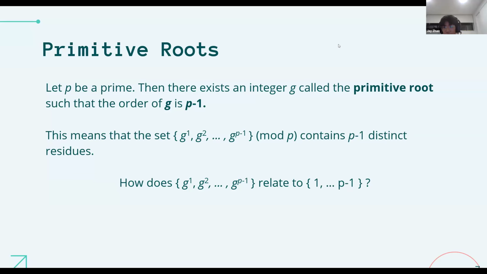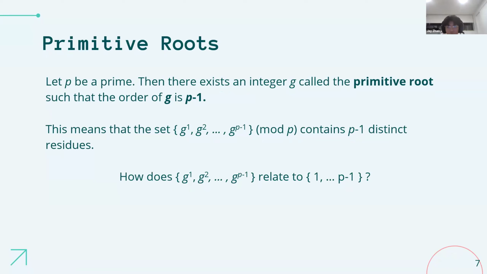So on the slide it says that the set contains p minus 1 distinct residues, which means that for 2 powers less than p, no 2 of the g to the powers are the same.